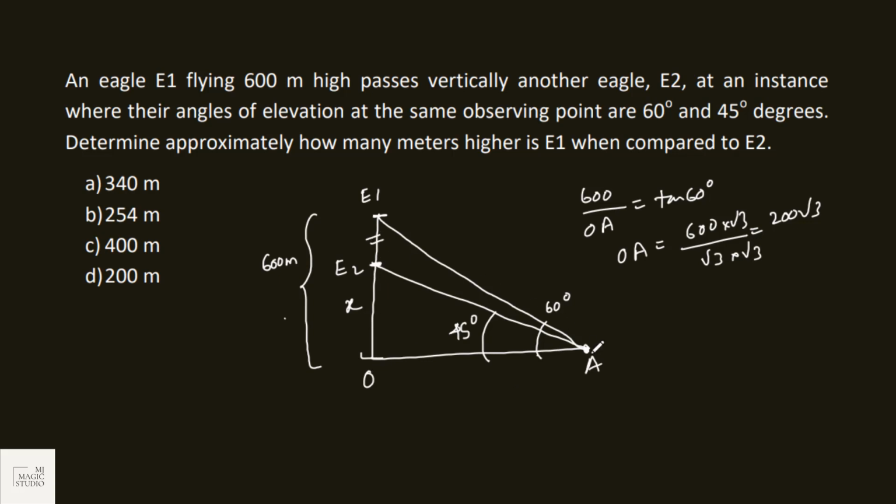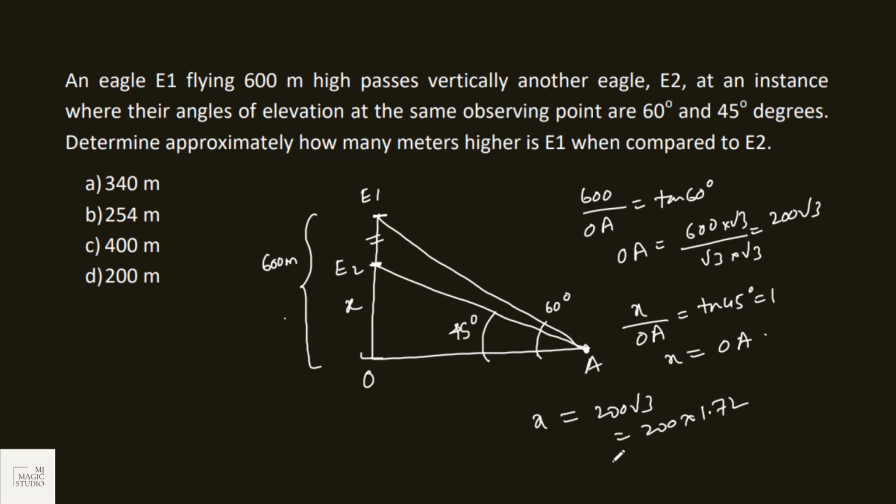Now if I look at triangle E2OA, we know that tan theta is perpendicular by base. x upon OA equals tan 45 degrees, which equals 1. That means x is equal to OA, so x equals 200 root 3.